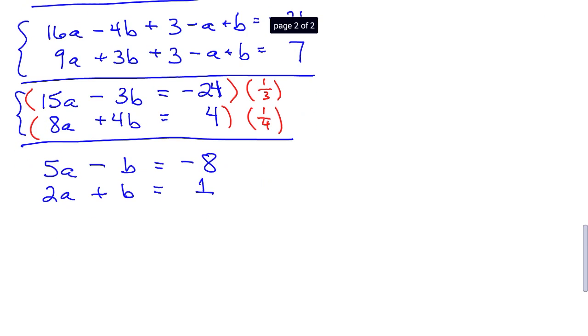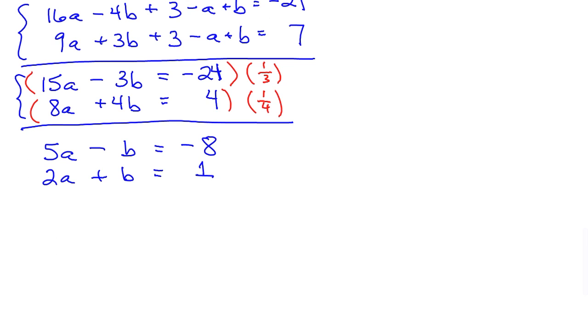And that would actually turn out really good because you see that we have opposite b's. We have minus b plus b. So I can just add this one straight down and it's going to cancel off the b's. So we get 7a is equal to negative 7. And so a is equal to negative 1.